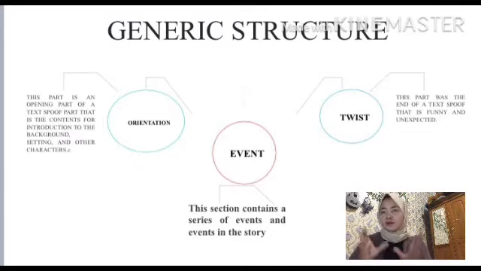This is very important, because if you don't understand it step by step, you cannot make a spoof text.